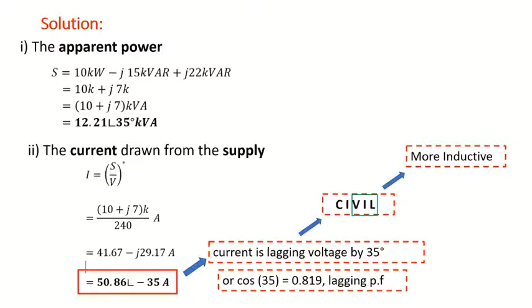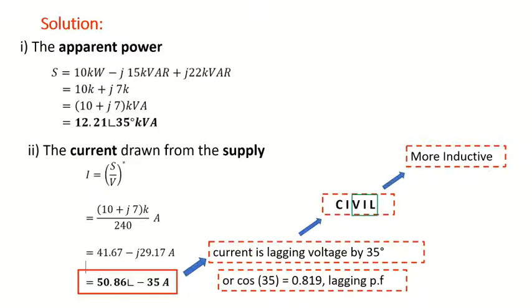The magnitude of the apparent power is 12.21 kVA, with an angle of 35 degrees. For the current drawn from the supply, we can use the apparent power, because we know that S is equal to V I conjugate.